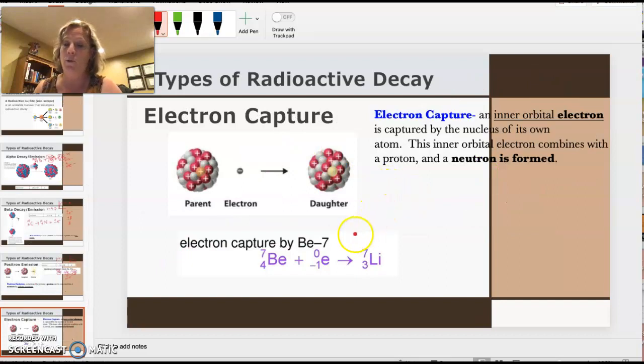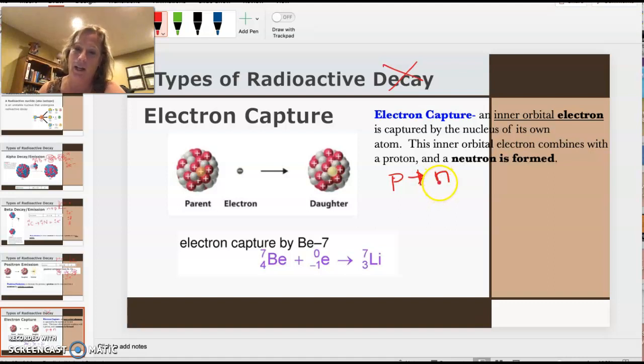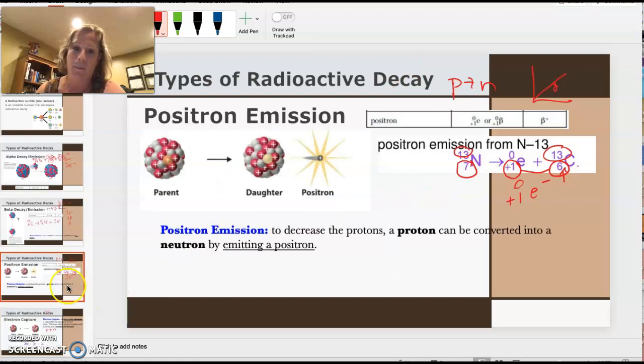Electron capture is the only one that I wouldn't call a decay, even though I have it here, because it's not producing or breaking down. It's actually capturing one of its own inner orbital electrons. Then a proton is changed into a neutron again, just like our positron.